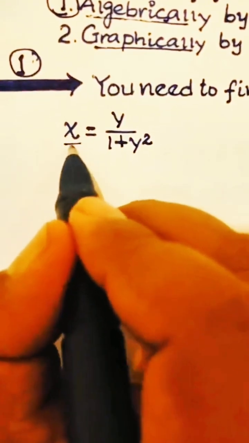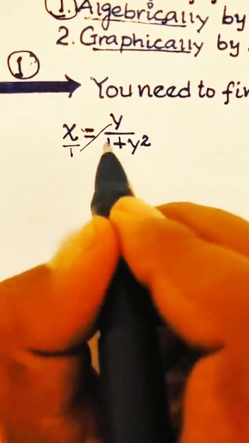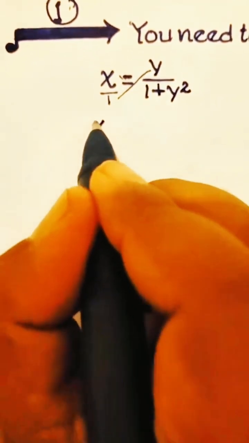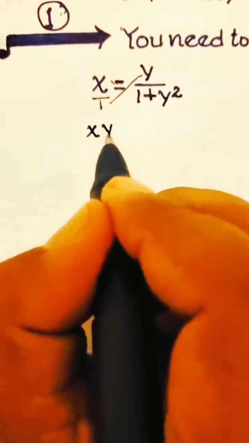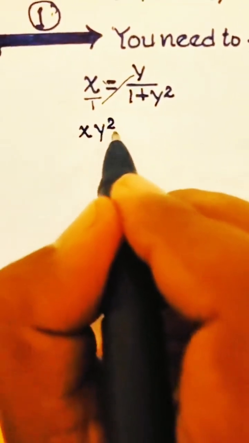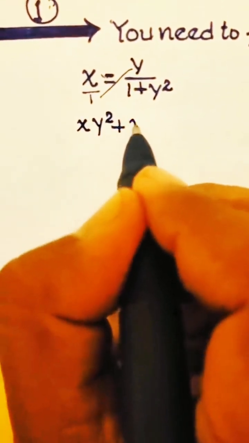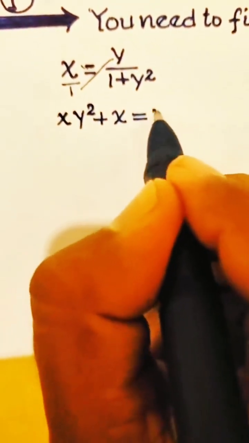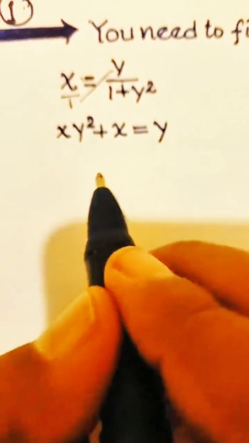And secondly, let's apply crisscross multiplication and you will have x y squared plus x equals y.